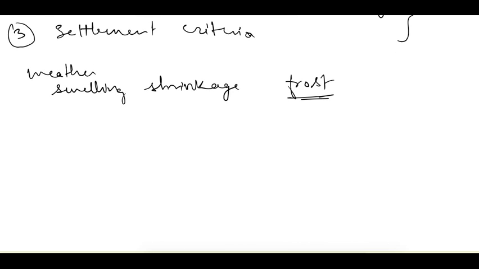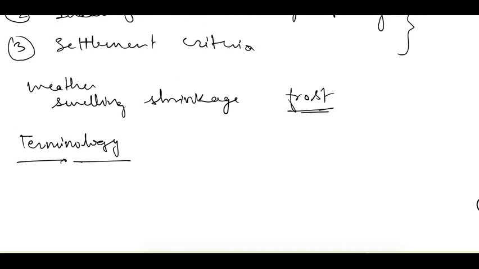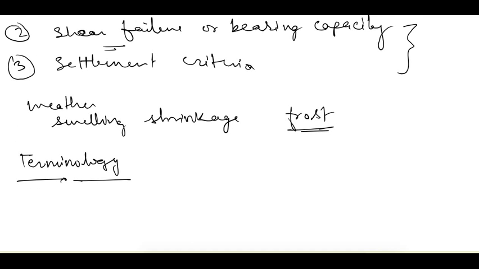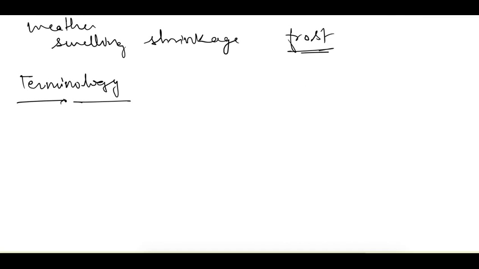So before going further, there are some terms that we need to understand. First we are looking more at the shear failure criteria. So we'll understand what is the bearing capacity and how do we find that and all those things. The first term which we need to see here is the gross pressure intensity.